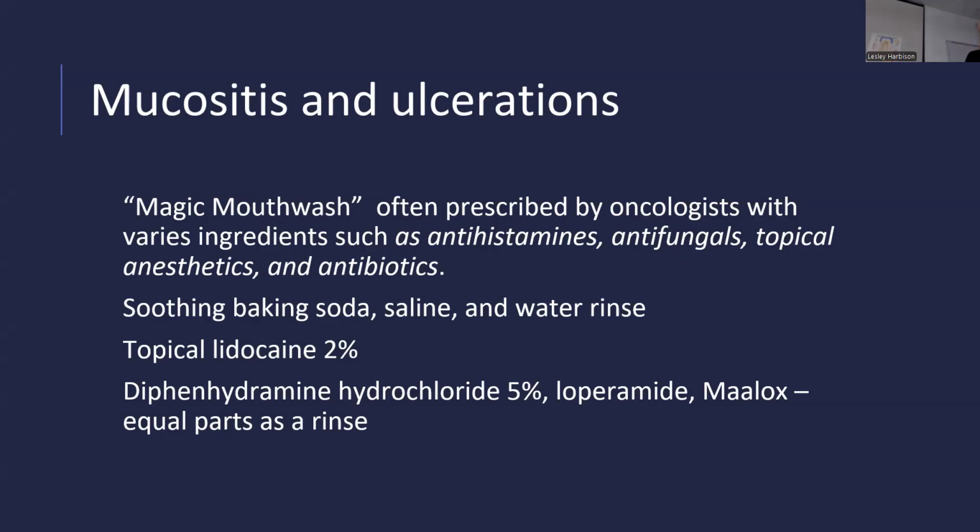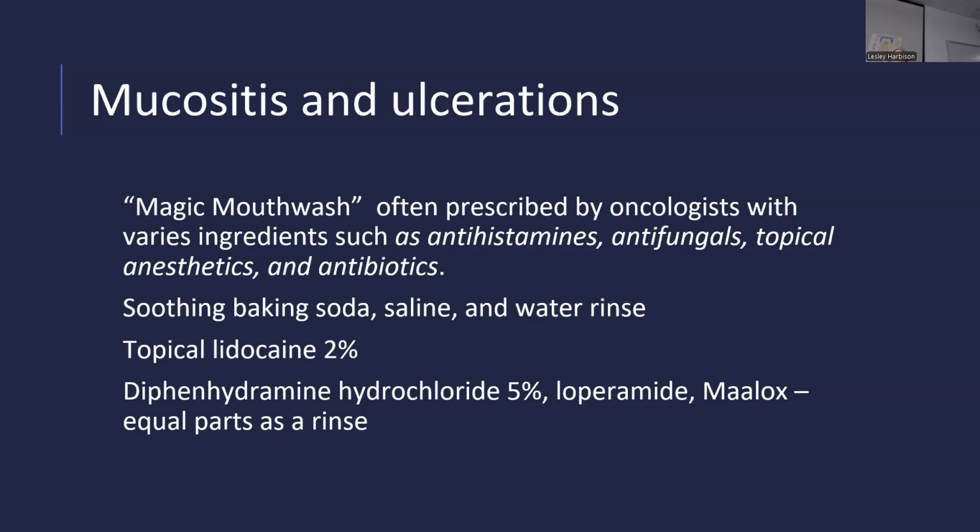officially not the number one go-to because it's actually harsh on the tissue. There's a lot of ingredients in there that are not friendly to the oral mucosa, especially if the oral mucosa is very fragile, very dry. So it could be that a few things are still used systemically, but in general, as far as a mouthwash goes, baking soda is the main thing. So the soothing baking soda, saline, water rinse.